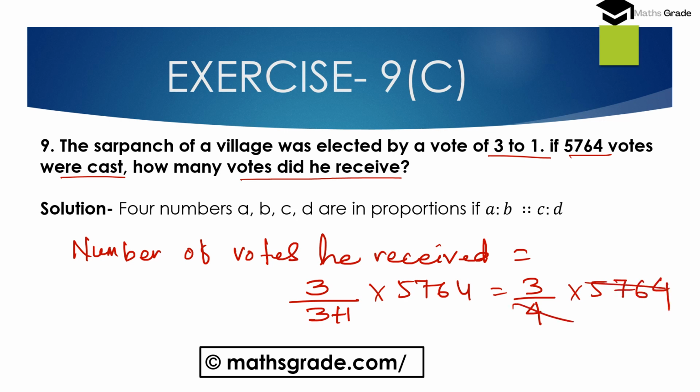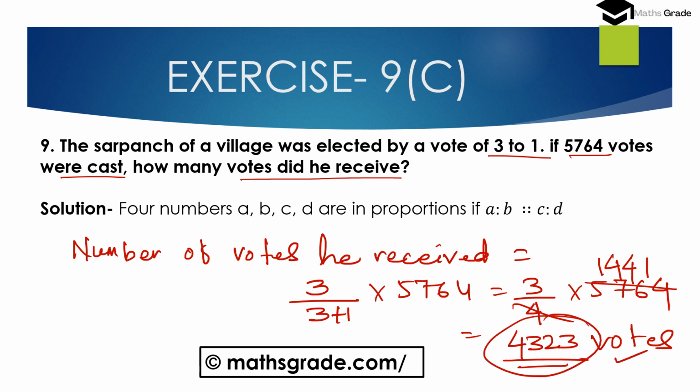Now cancelling 4 with 5764: 4 1s are 4, 17, 4 4s are 16, 1, 4 4s are 16, then 4 1s are 4. 3 1s are 3, 3 4s are 12, 1, 3 4s are 12 plus 1, 13, 3 1s are 3. So 4323 votes he received. So 4323 votes is the answer.